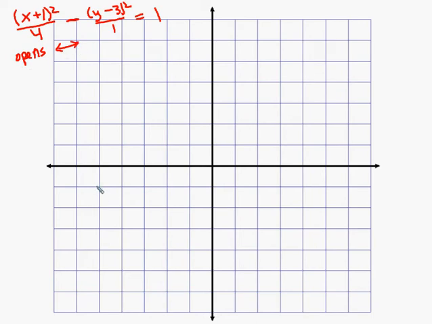Like with ellipses, I'm going to square root whatever's below these. So along x, I'm going to have a 2, and along y, the square root of 1, I'm going to have 1. You with me there? Okay, so I'm going to plot my center, (-1, 3). You with me on how I got my center?